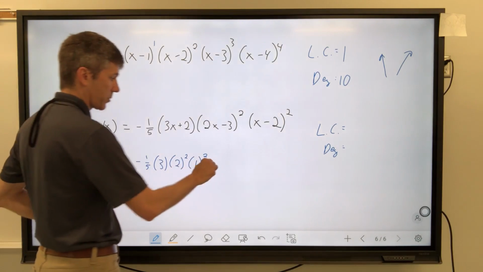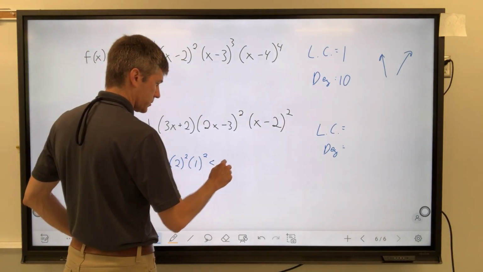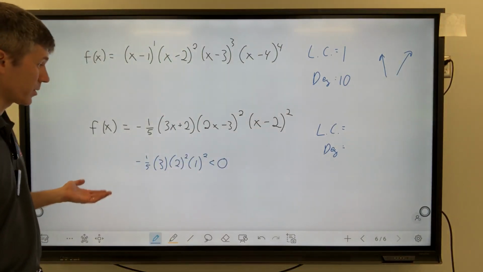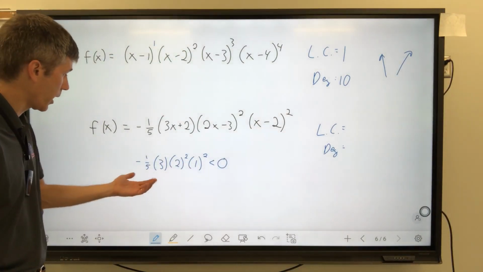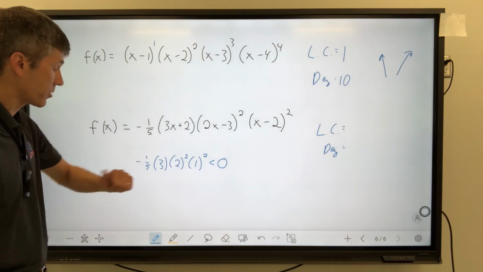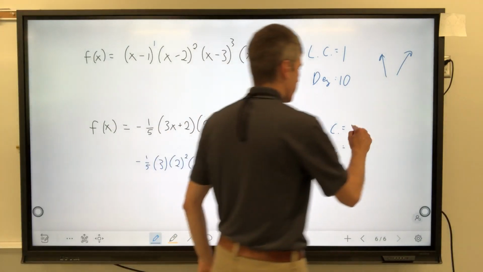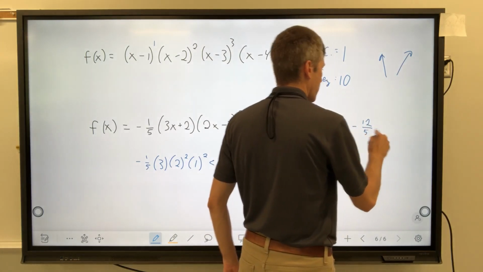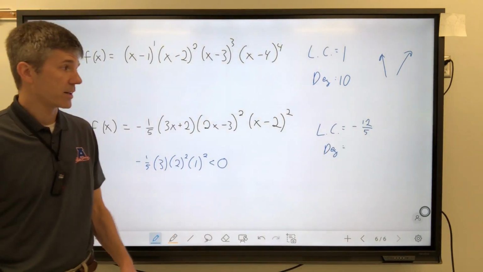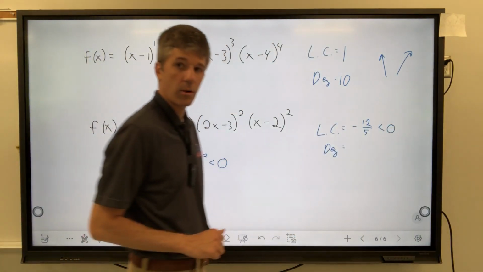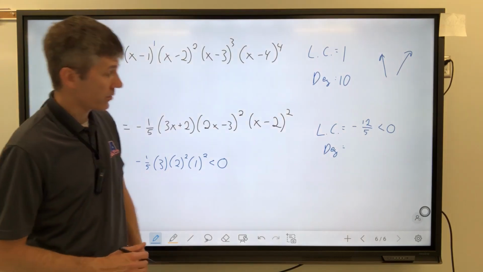Instead of writing negative, I'm going to put less than 0. So when I said leading coefficient equals, well, at this point, I really don't know what it equals. I can figure it out. It's 3 times 4, so it's negative 12/5. But what I could have been doing all along, instead of saying it's equal to such and such, I could have said it's less than 0. Or if it was positive, of course, it'd be greater than 0.